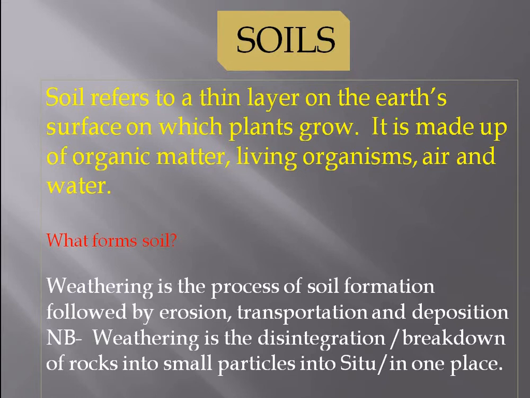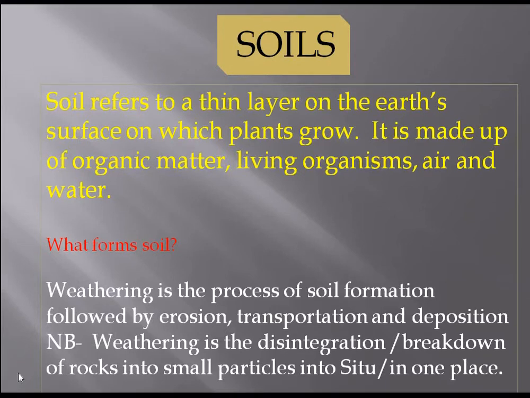So let's break down weathering very well. In the previous lesson, we looked at it there. But as we have talked about below here, we have erosion, transportation, and deposition. These processes come into place and move this soil to different kinds of places, as we shall see. Erosion, as we shall see, is the wash away of topsoil to another place.